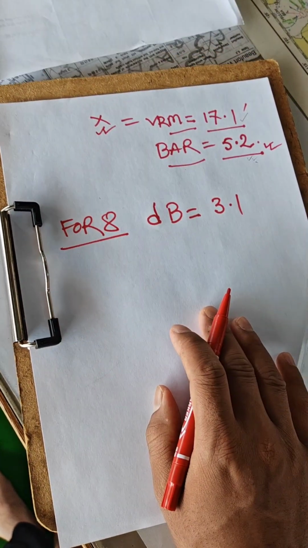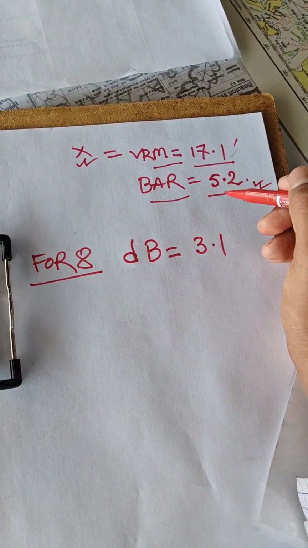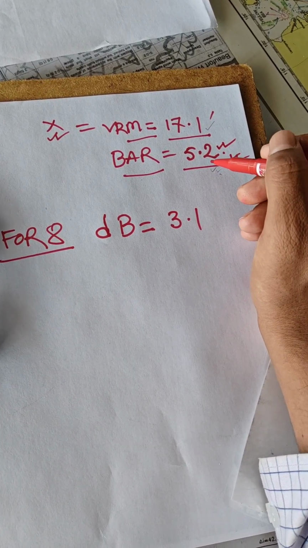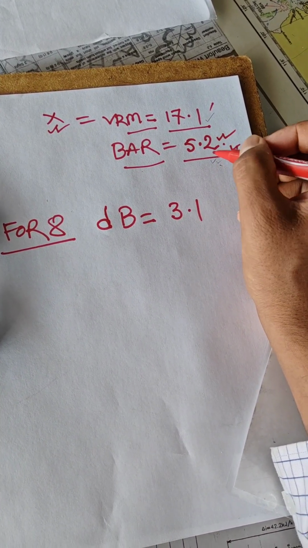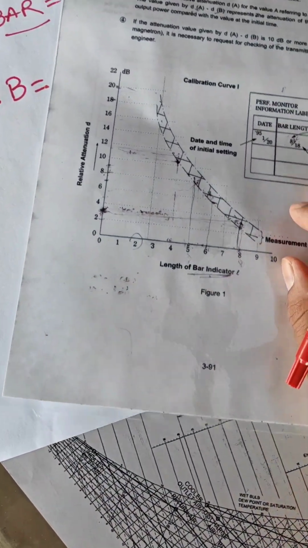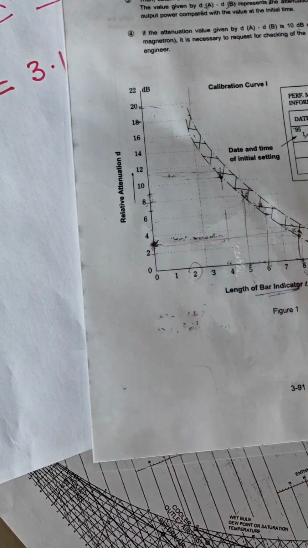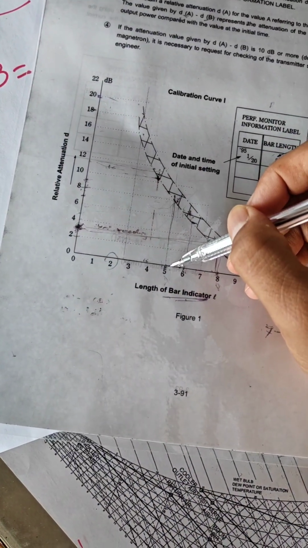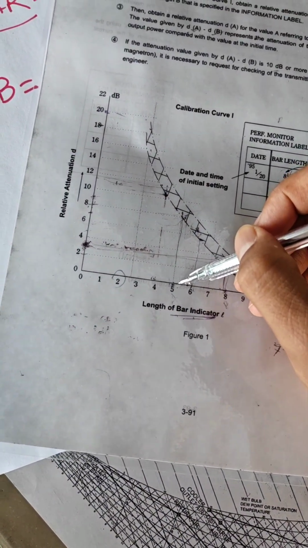Now we found our bar length is 5.2 during checking in our radar. So we will check this for 5.2 also. Here, 5.2 is nearly here, this is 6, so 5.2 is here.